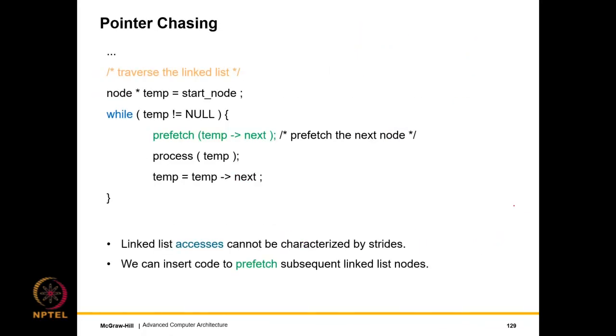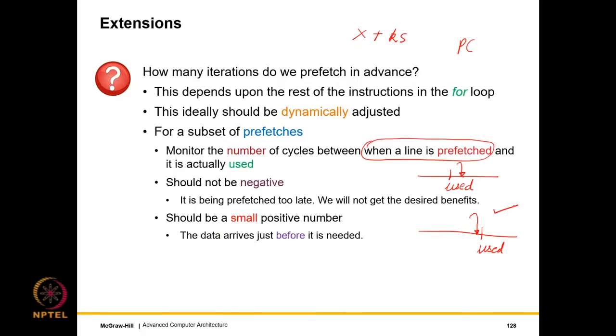Let me go back to the previous slide. There is a fair amount of research to adjust the time between when we issue the prefetch instruction and when it is actually used. This is the ideal scenario, where we issue it and just before it is used the data arrives.